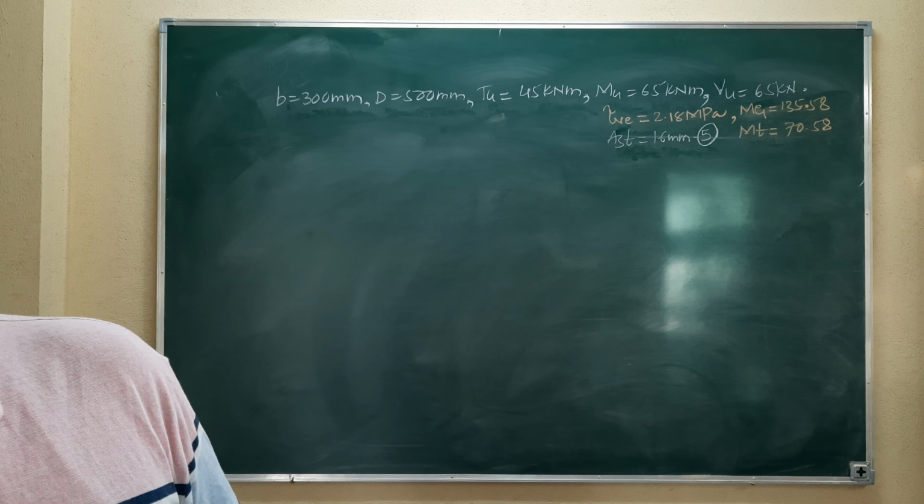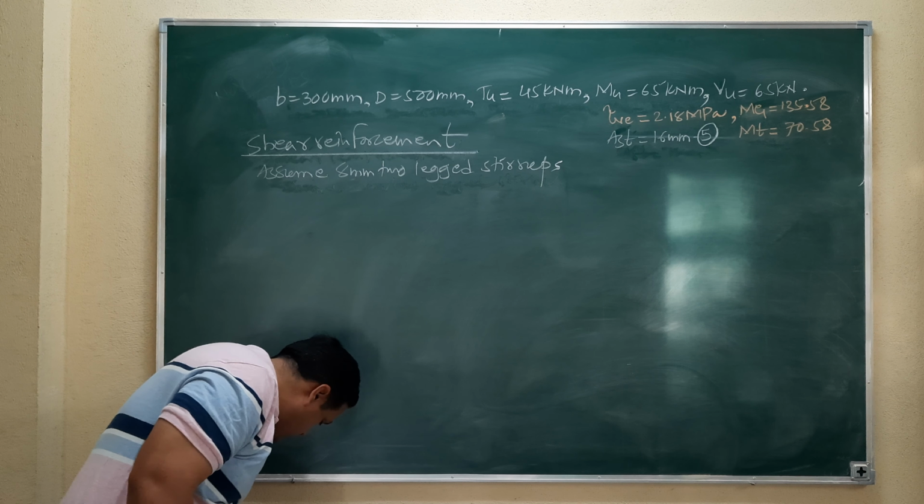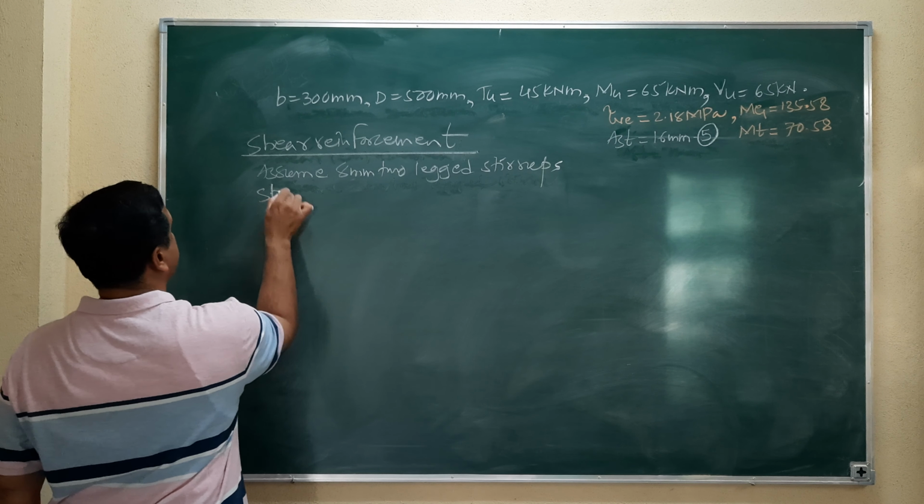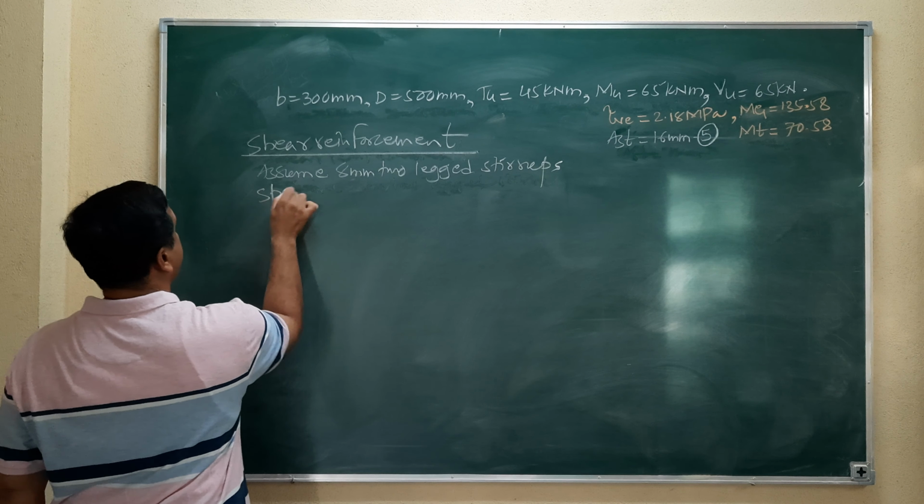Okay, 8 mm two-legged stirrups. This is the form of the shear reinforcement, and then find out the spacing using the formula.